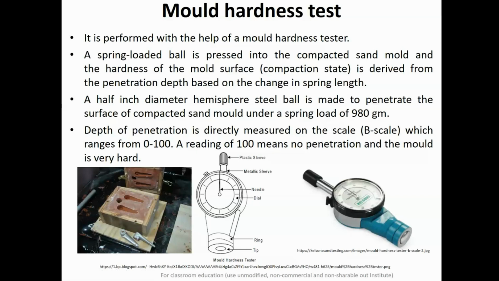So what you do, you prepare the sand mold. This is the cope part and this is the drag part, and after preparing and before performing the casting process, you measure the hardness of this prepared sand mold.